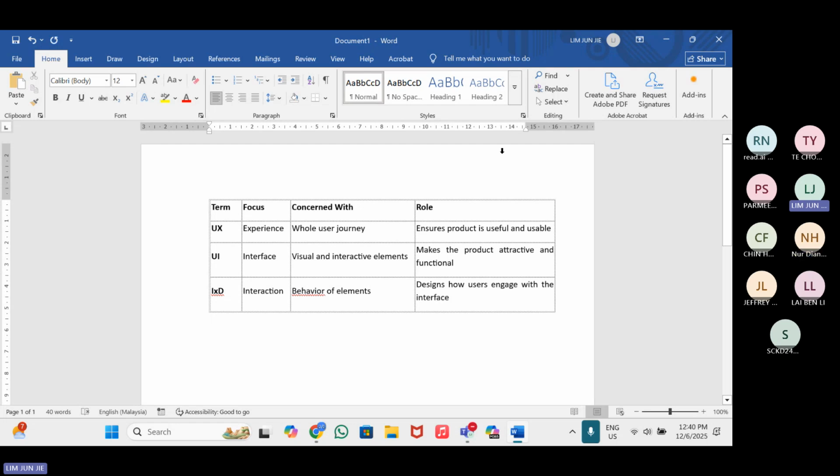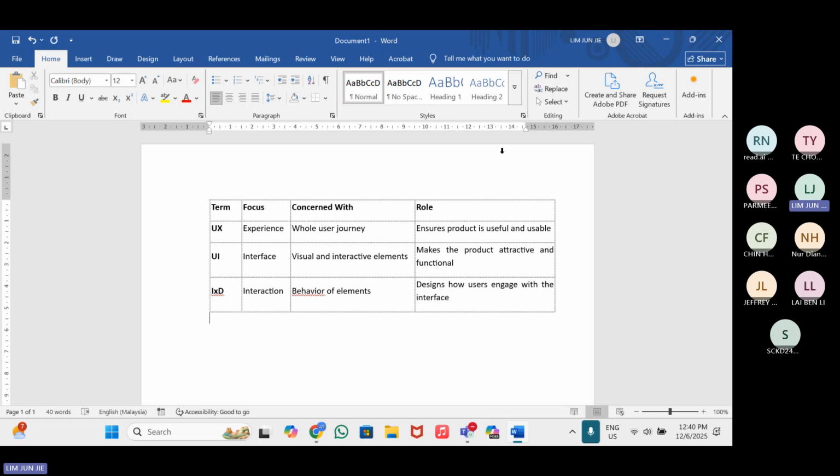This is what I found. UX is about the overall experience a person has when interacting with a product, system, or service. It focuses on how useful, usable and enjoyable the interaction is. And second is UI. UI is the visual and interactive part of a product that users interact with directly.